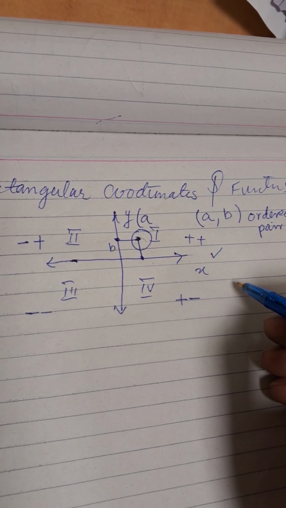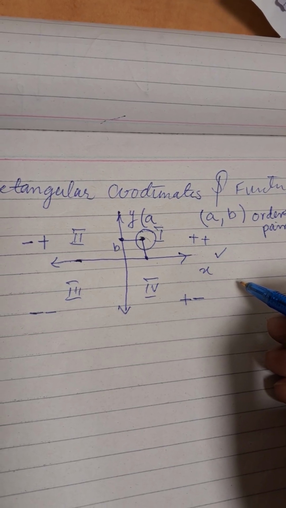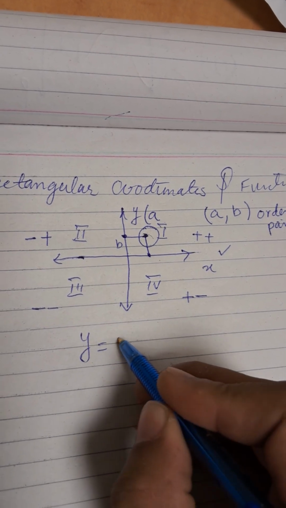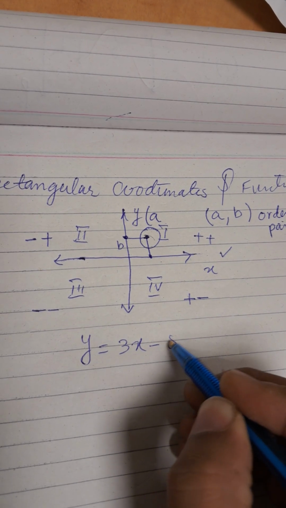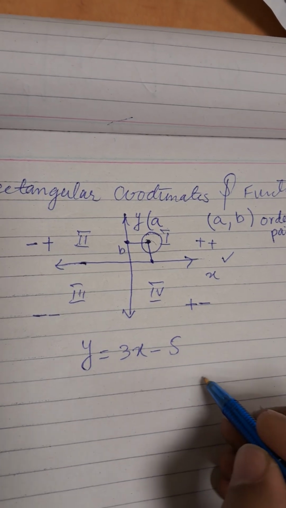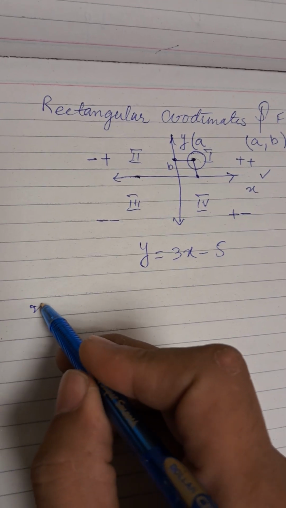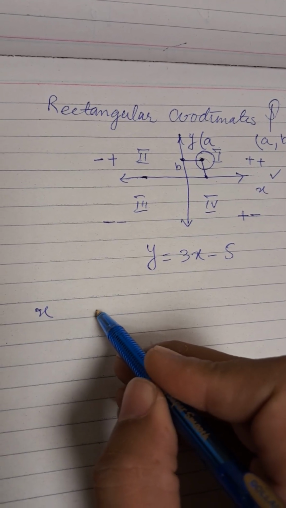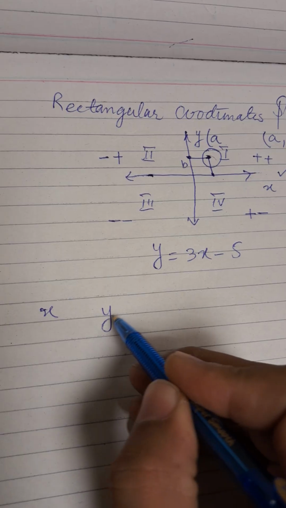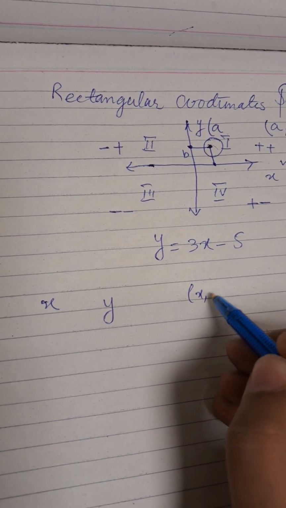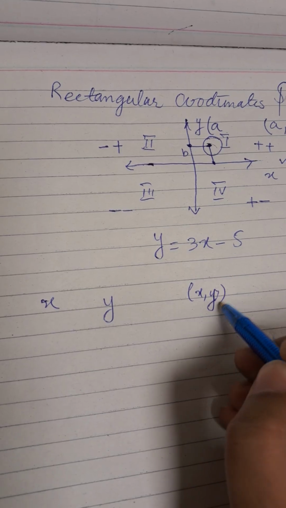For a typical equation, let's say y is equal to 3x minus 5. We can have multiple values for x and corresponding values for y, which is 3x minus 5, and then we can formulate the ordered pair.